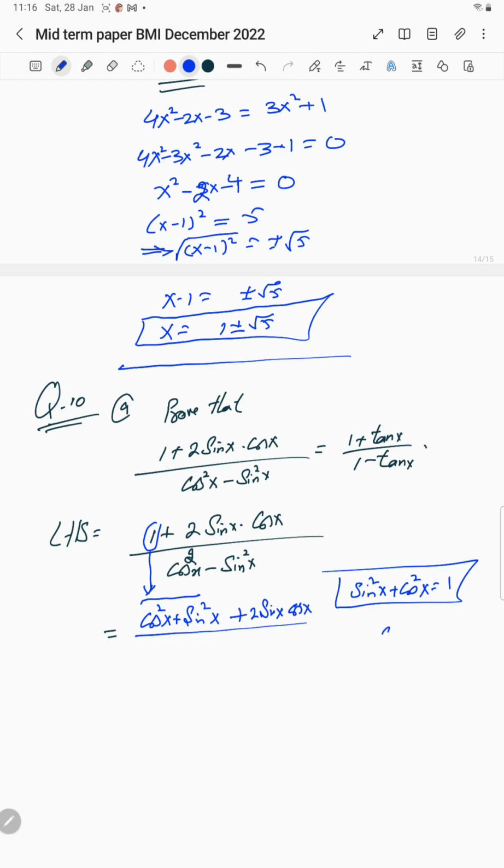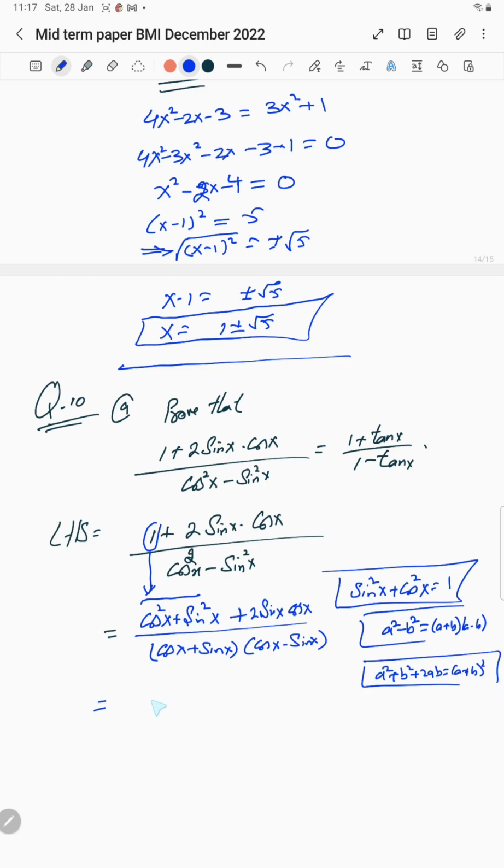And in denominator we know the algebraic identity a square minus b square will be one time plus and one time minus. I will apply this. Cos x plus sine x, cos x minus sine x. In the numerator, if you can focus, it is the rule of a square plus b square plus 2ab, that is a plus b whole square. Yes, so we can apply the identity.